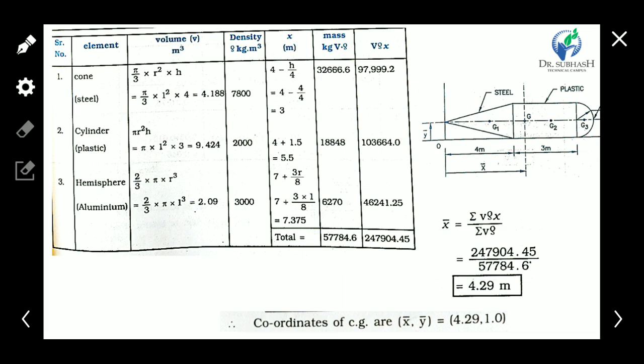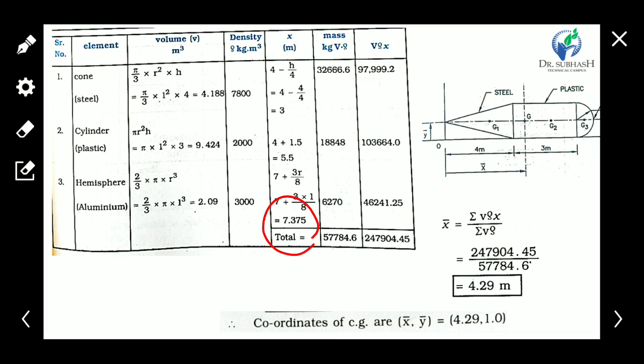In a lamina it is 4r upon 3 pi, and here in solid 3r upon 8. So 4 plus 3 is 7, plus 3r upon 8 is the distance of the reference axis to the CG of hemisphere. Clear that? Okay, so it's 7.375.